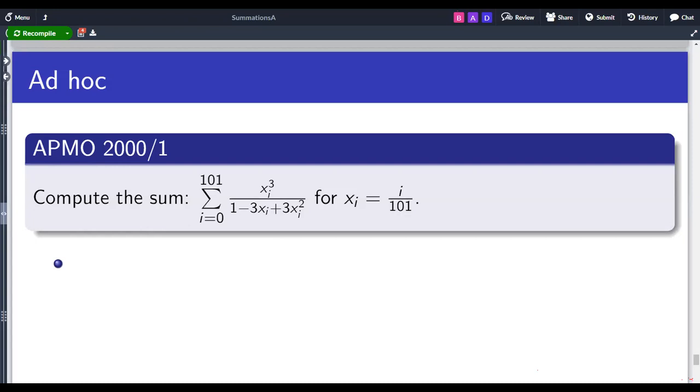Okay, so does anyone notice anything interesting about the fraction in the sum here?